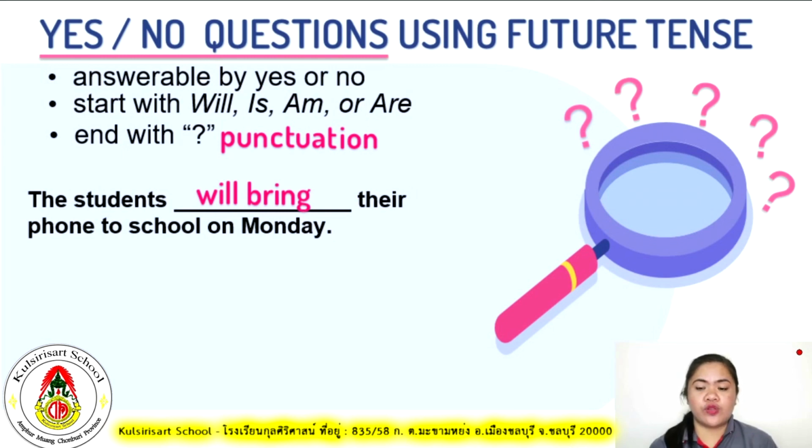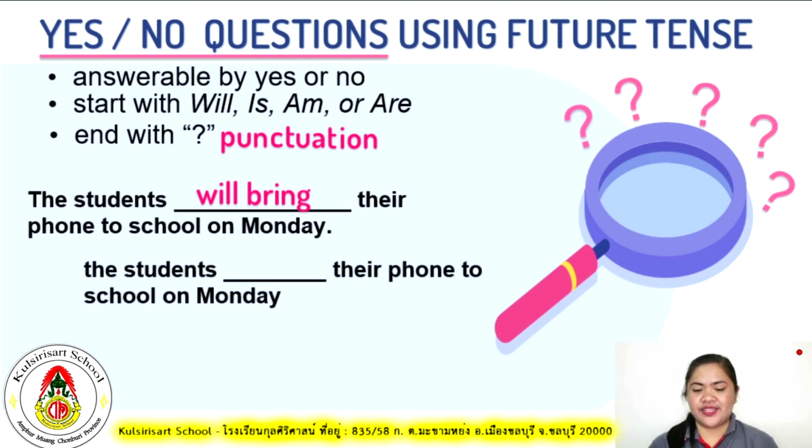Next, this is not yet a yes or no question. This is a declarative sentence. The students will bring their phone to school on Monday. Now, we will transform it into a yes or no question. Take notice of the changes. The students, we already have the small letter in the beginning. But take a look at this.